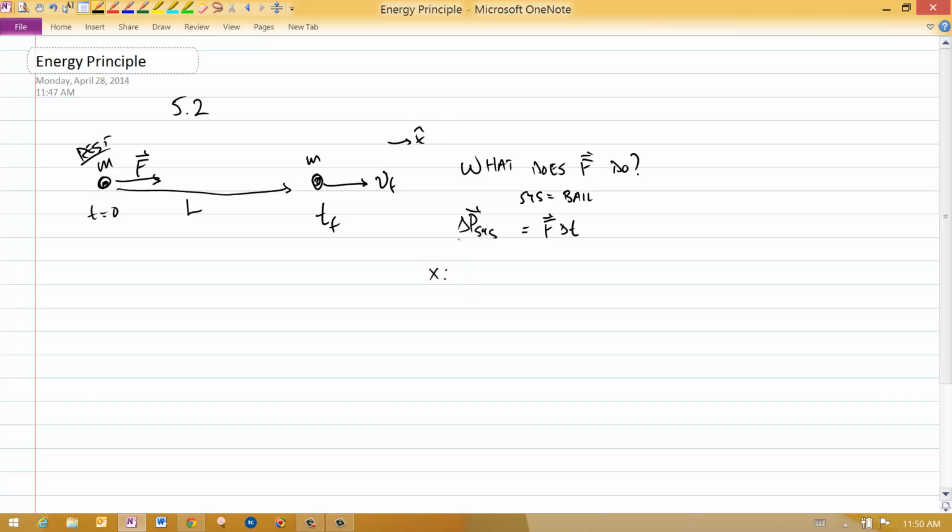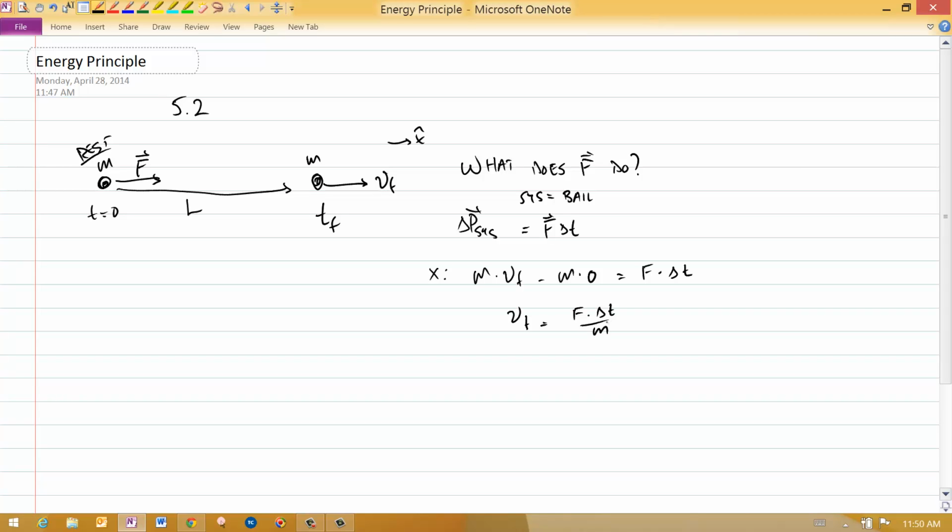In the x components for the momentum principle here, I've got m times V final minus m times 0, because it starts at rest, is equal to F times delta T. So I could even tell you what the final velocity is. V final is equal to F times delta T divided by m.